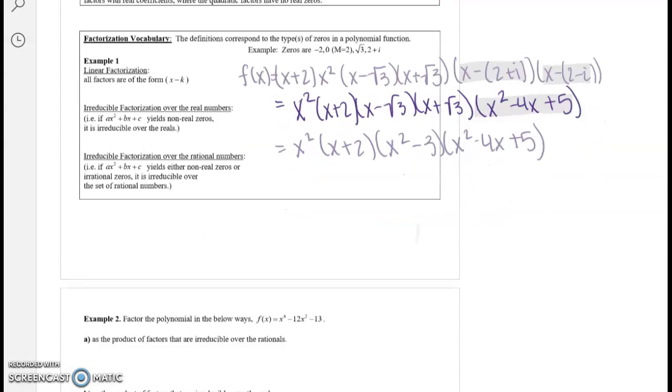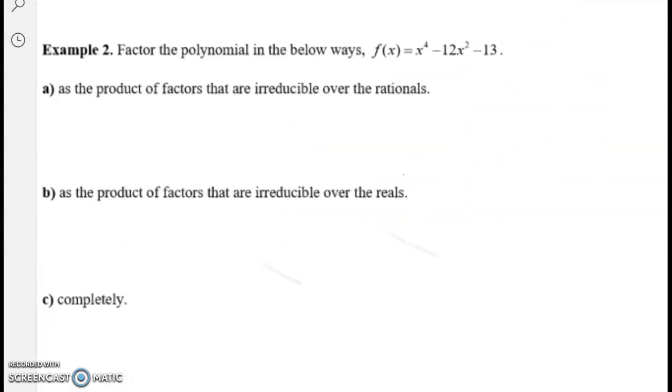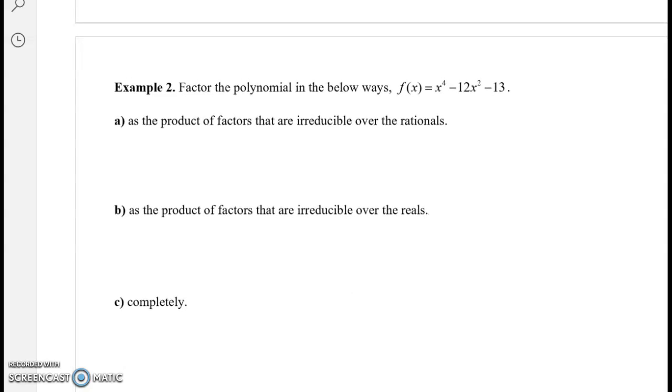All right, flip the page. So we're going to do that same thing here, irreducible over the rationals, the reals, and then completely. My suggestion would be to first start by just factoring this thing. So two numbers here that multiply to positive 13 and add to negative 14, I've got x squared minus 13 and x squared plus 1.